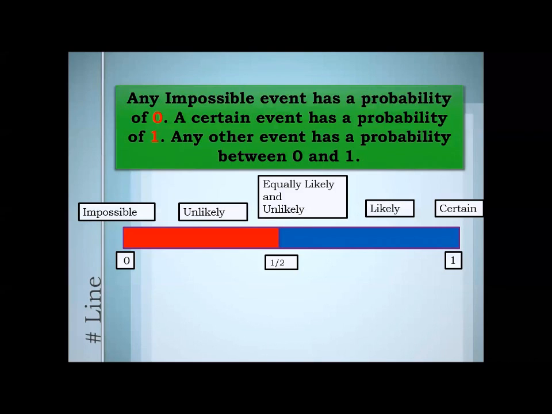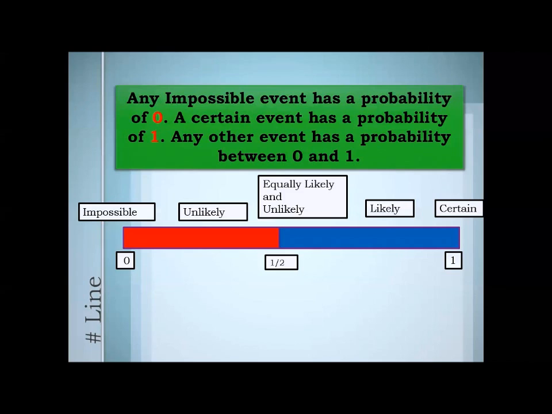So, any impossible event has a probability of 0. It's impossible, so it's a 0 chance. A certain event has a probability of 1, just like with the last slide that we saw with Miguel rolling the die and getting a number less than 7, which was 6 out of 6, which equals 1.